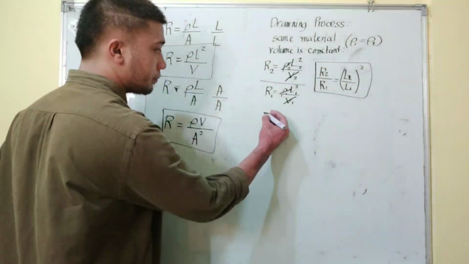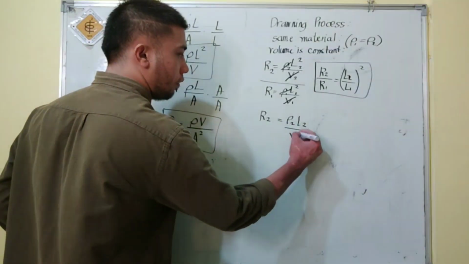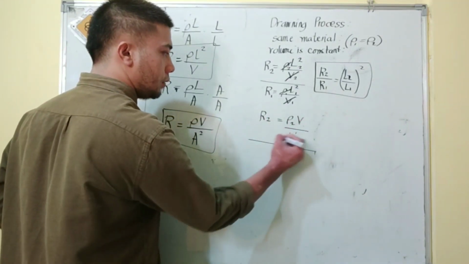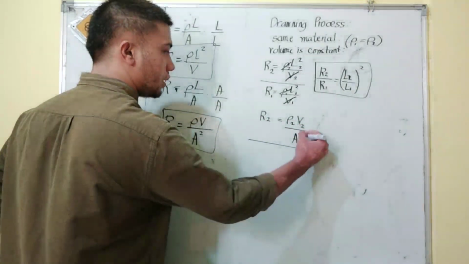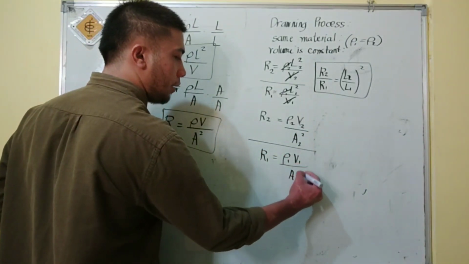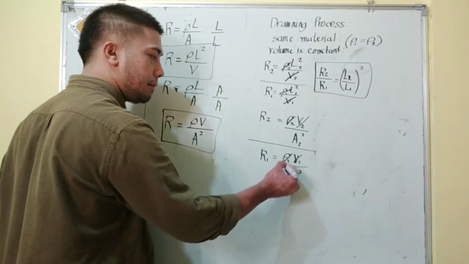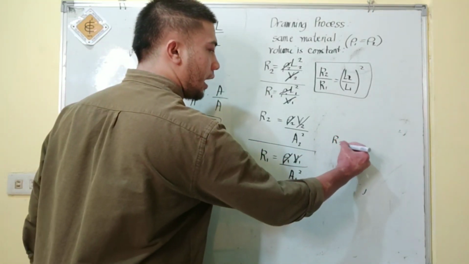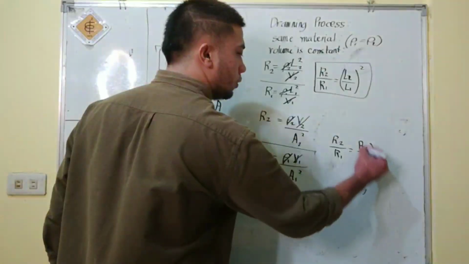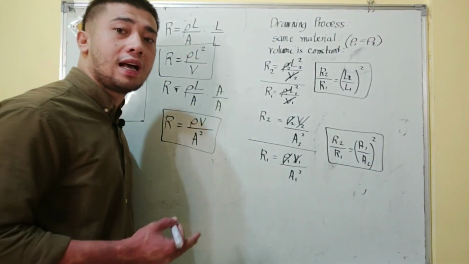R2 is equal to rho 2 L2 over V2 over A2 squared, and R1 is equal to rho 1 V1 over A1 squared. Again, volume is constant and resistivity is the same. We derive the formula R2 over R1 is equal to A1 over A2 squared. So, the resistance is inversely proportional to the square of the cross-sectional area.